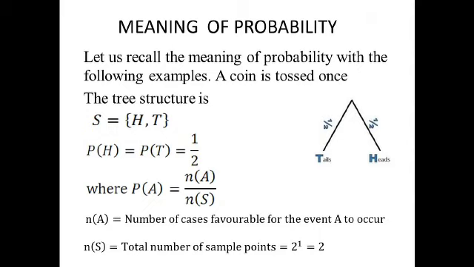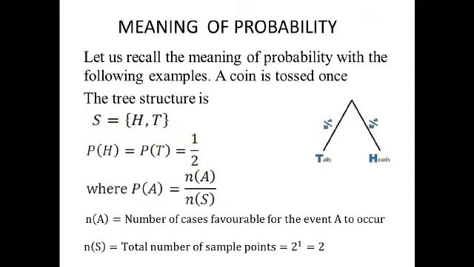So probability of an event A is denoted as P(A) equal to n(A) upon n(S), where n(A) stands for the number of cases favorable for the happening of the event A, and n(S) is your total number of sample points in the sample space. Here the event A can denote either the happening of the event head or the tail.